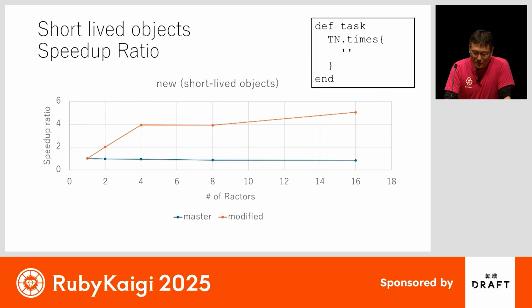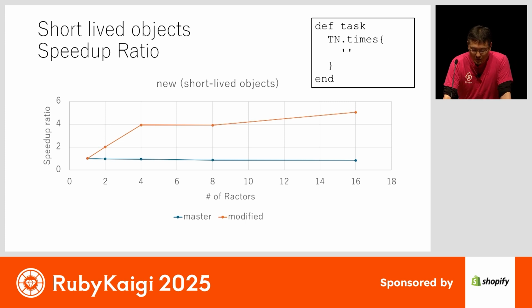This is the same benchmark as before, but we look at the speed up ratio compared with the single Ractor execution time. So higher is better here. As you can see, the orange line for our modified version scales quite well, achieving nearly 5 times speed up with 16 Ractors.